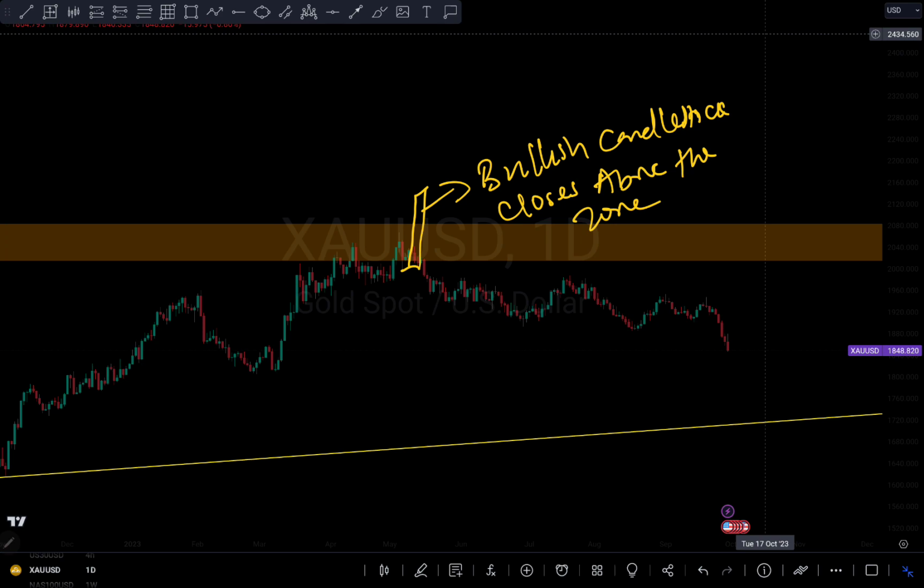So closing above around that zone means that it might be a fake out or it might be an actual breakout. But to confirm that it is an actual breakout, according to me, I want it to at least come back to retest that zone. And if I still see weak rejection around that zone, then that shows me a possibility that the seller is weak, meaning it's not closing below the zone to continue to push to the downside. So now I think it's going to continue to push to the upside.